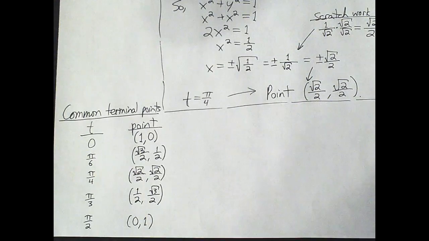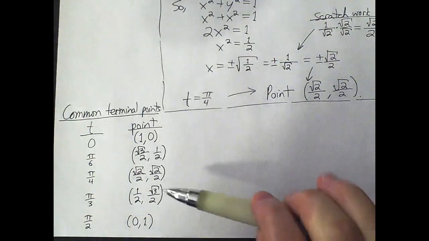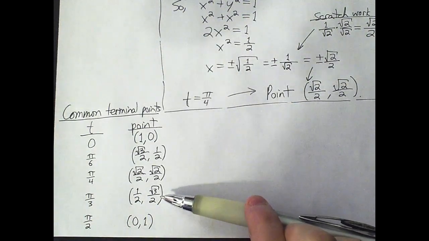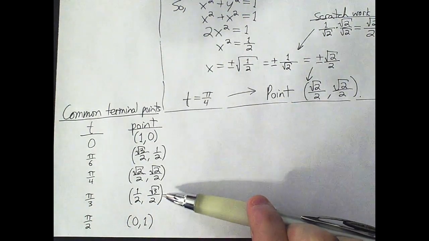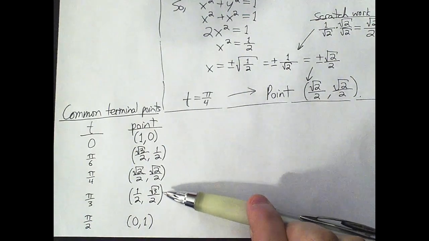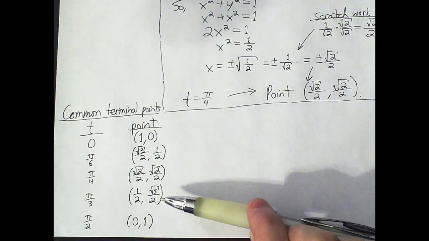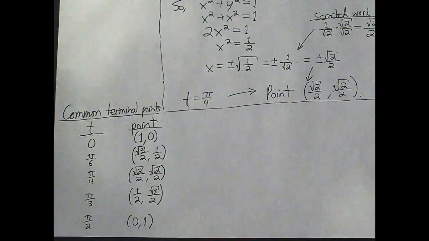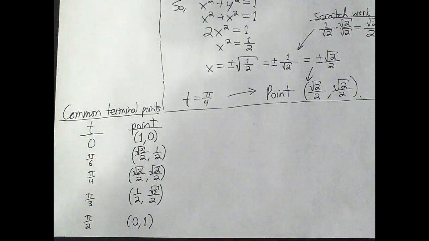Now, we didn't really find those from scratch. However, let's look at this fourth point here. That fourth point should look familiar because we did find this point earlier. Earlier, I said, what point would we get on the unit circle if we had x equals 1/2? Let's see if we've still got this back here somewhere.